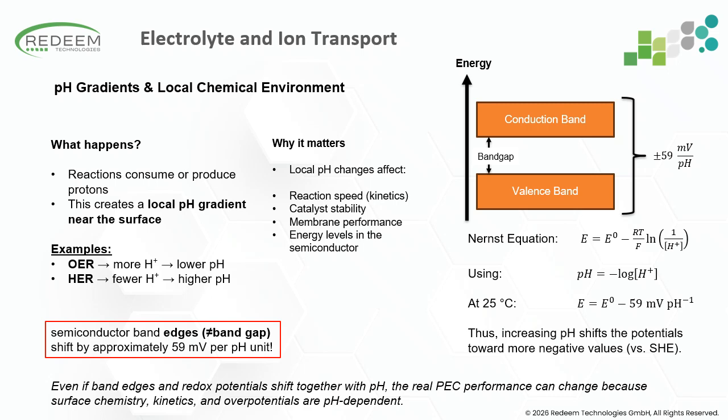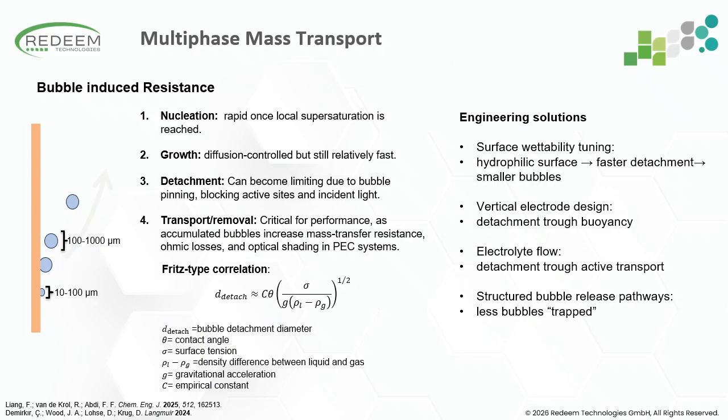They are all strongly pH dependent. So this is another reason why good electrolyte management and efficient flow are essential, not only to improve mass transport, but also to maintain a stable local reaction environment.